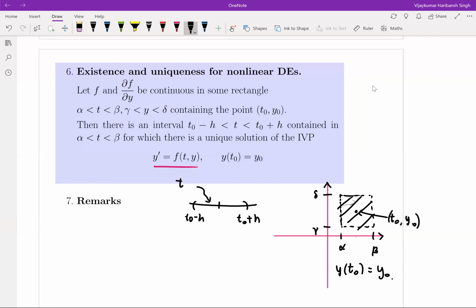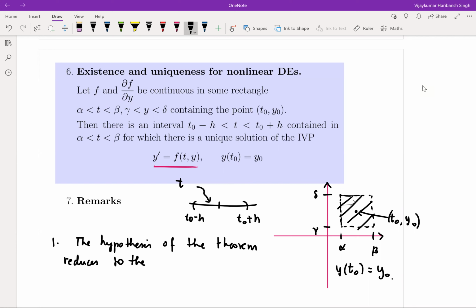So clearly, the hypothesis of the theorem reduces to the previous theorem if this DE is linear. Now, when can this differential equation be linear?